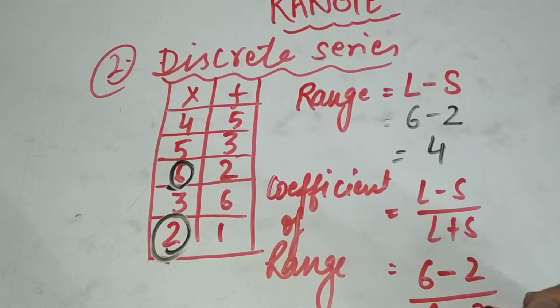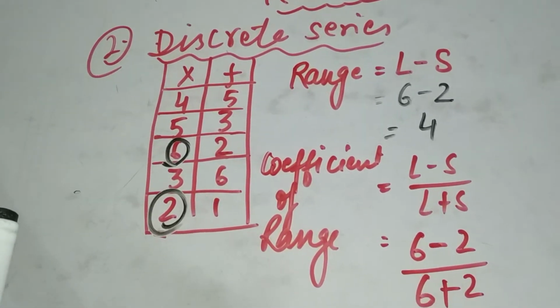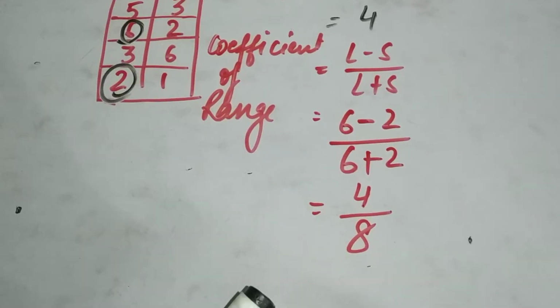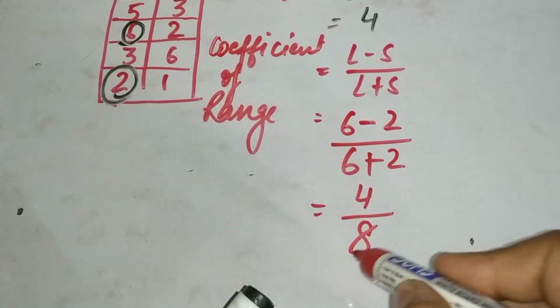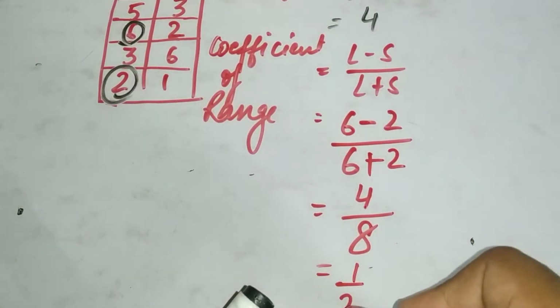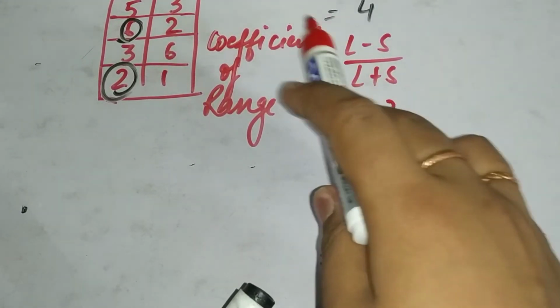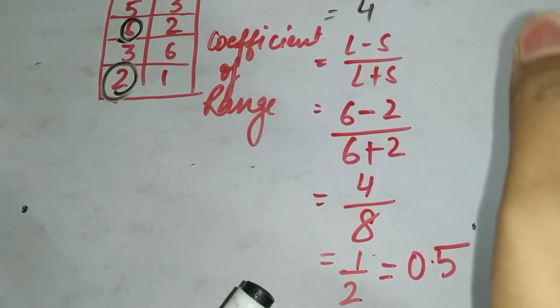So 6 minus 2 is 4 and 6 plus 2 is 8. Four divided by 8 is 1 by 2, that is equal to 0.5. So this is the value for coefficient of range for this example.